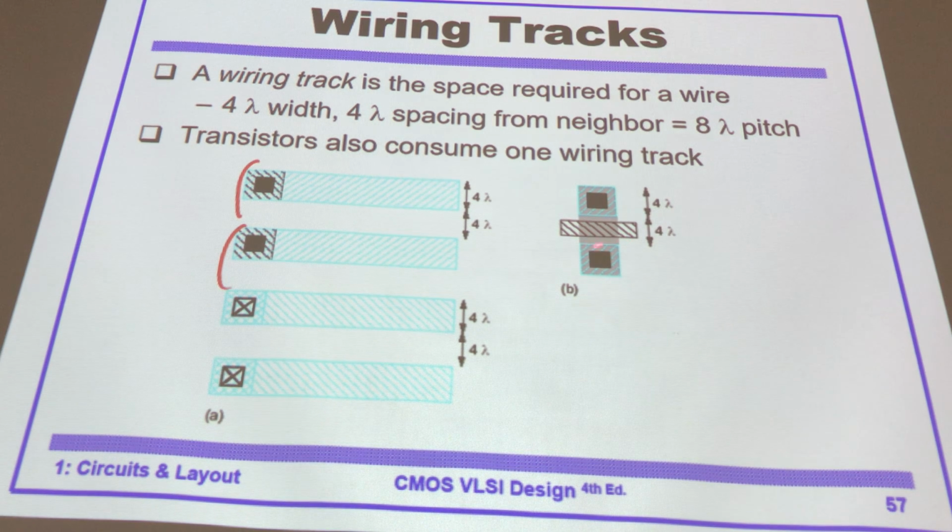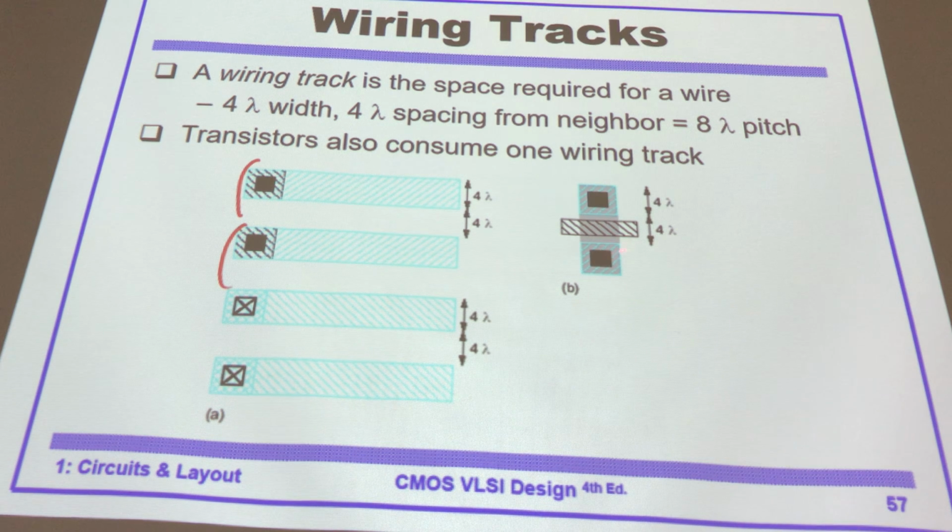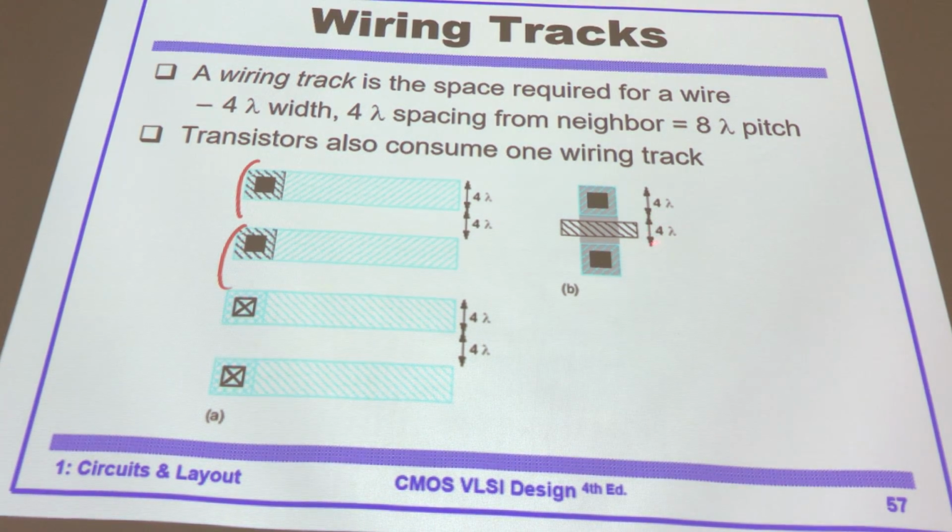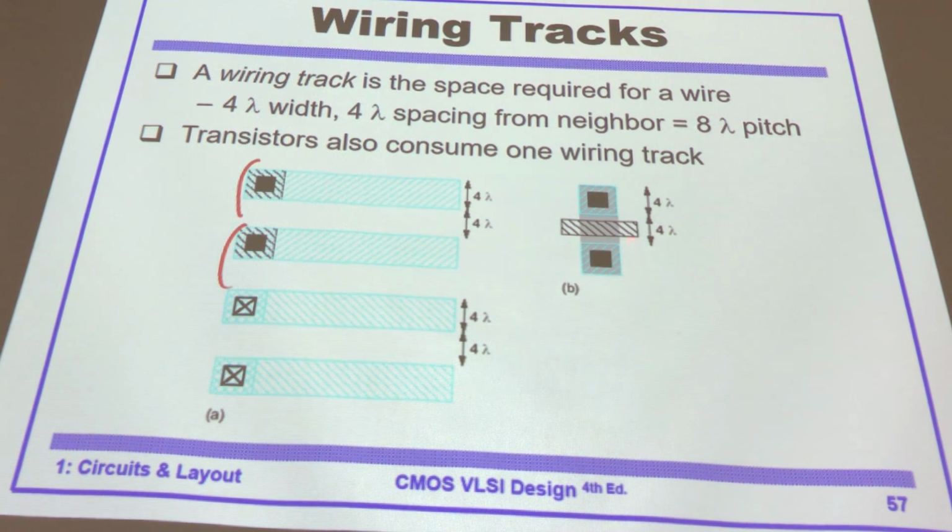And even a transistor, which is polysilicon over diffusion, also consumes one wiring track because there is metal here, including the contact, 4 lambda, and 4 lambda spacing. So each transistor also consumes 8 lambda, corresponding to one track. Based on that, you can try to estimate the chip area for the C diagram.